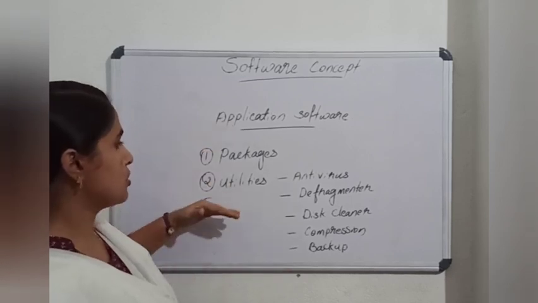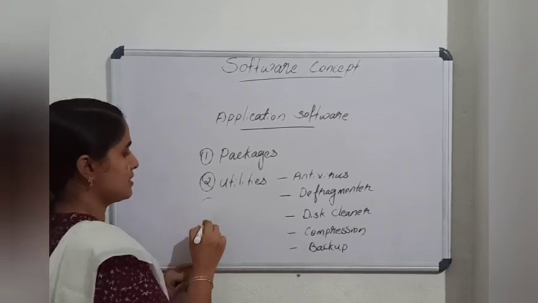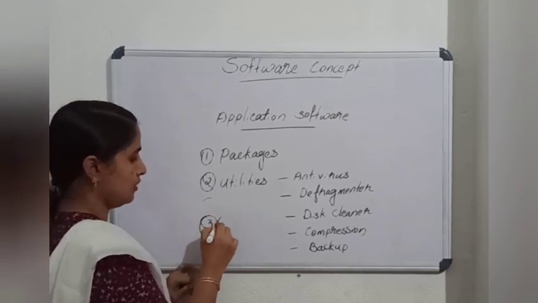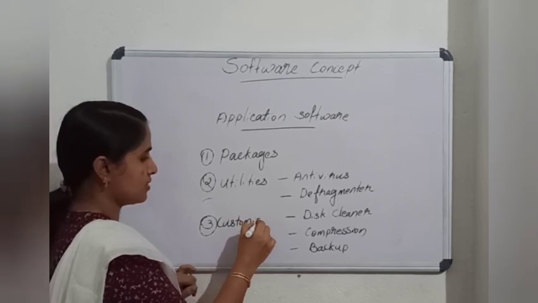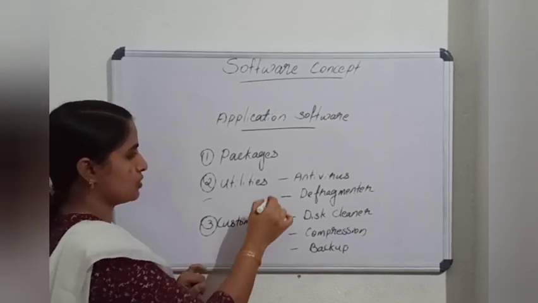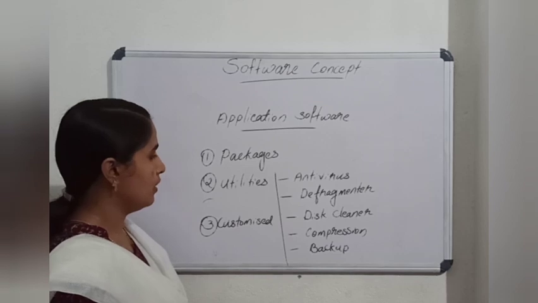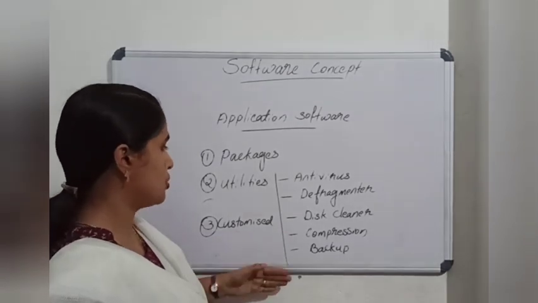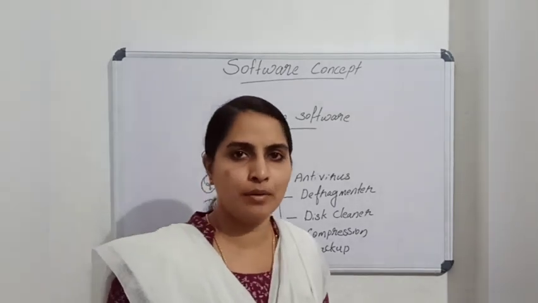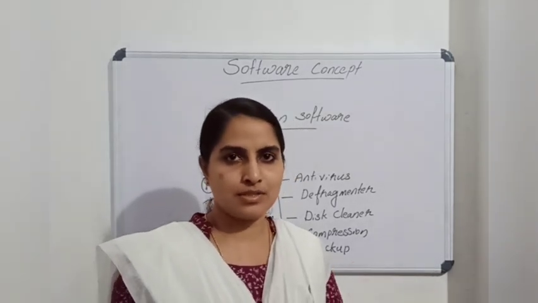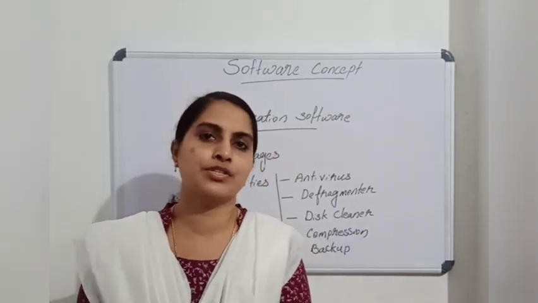And application software's third type is the customized software. That is very simple. Normally we use customized software in institutions and organizations, specified for a particular site or a particular institution.